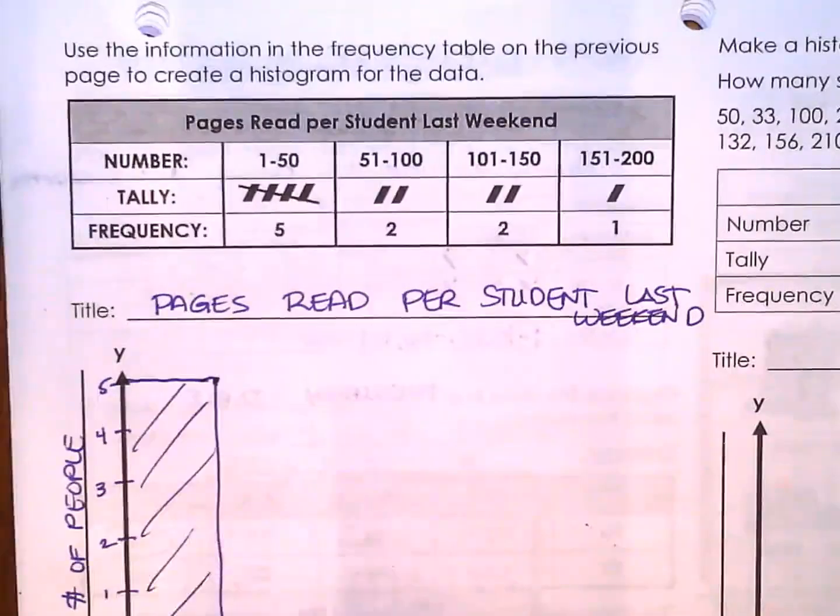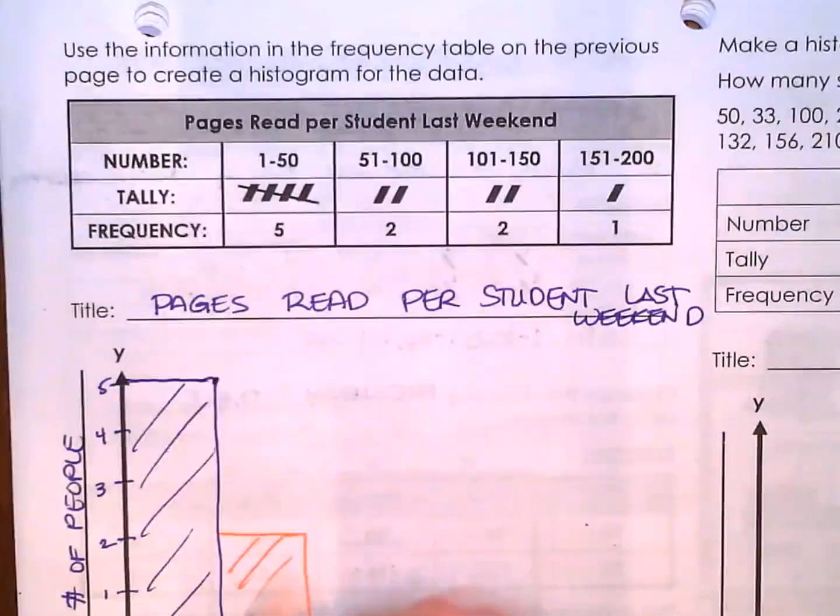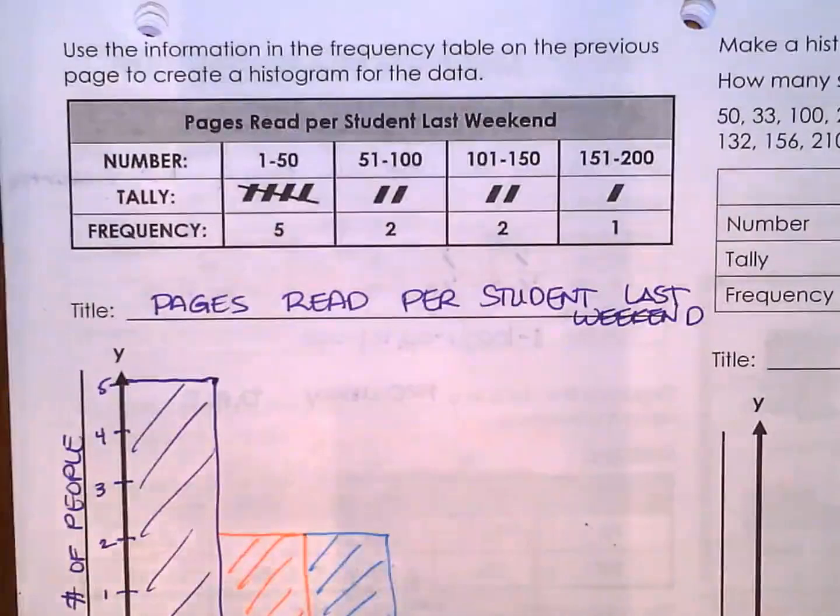And there's that one. And there were 2 people who read between 51 and 100. So we're going to go over to 2 and up. And then there were 2 people who read between 101 and 150. And in the last category, there was 1 person. So we're going to put that one here. And there you have it.